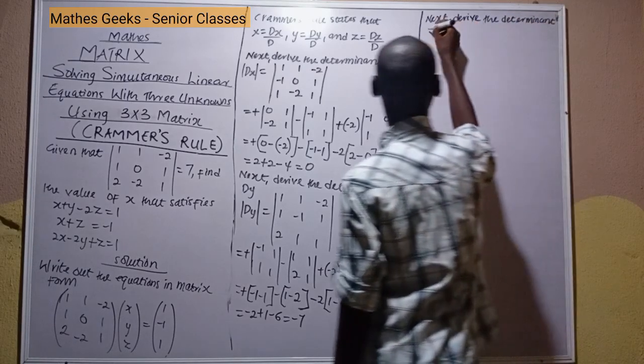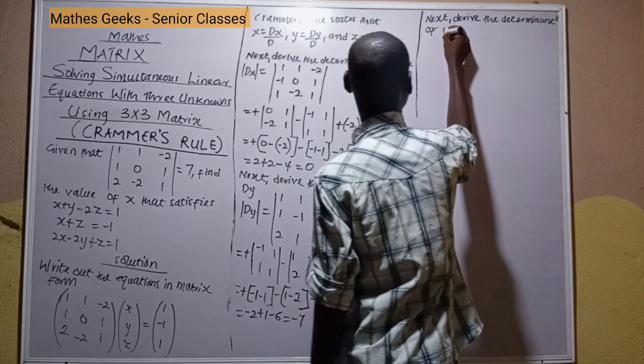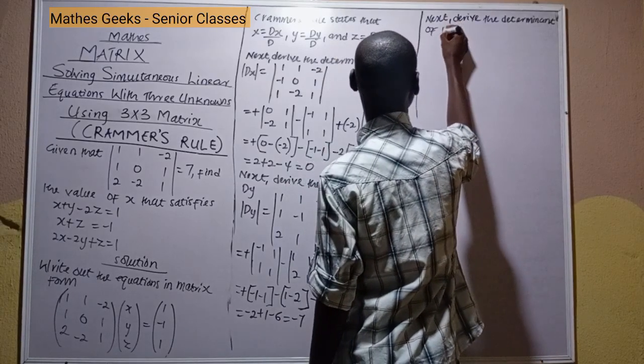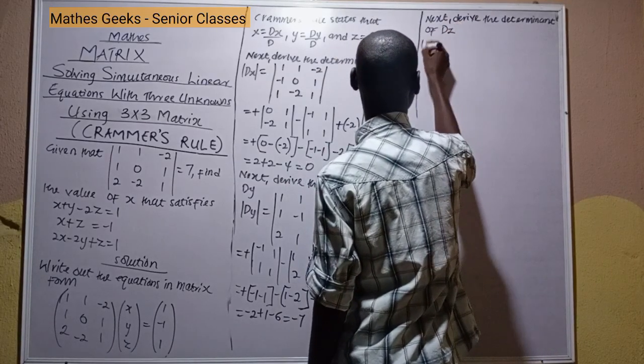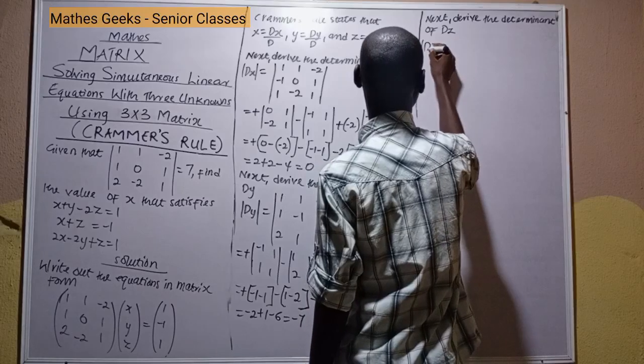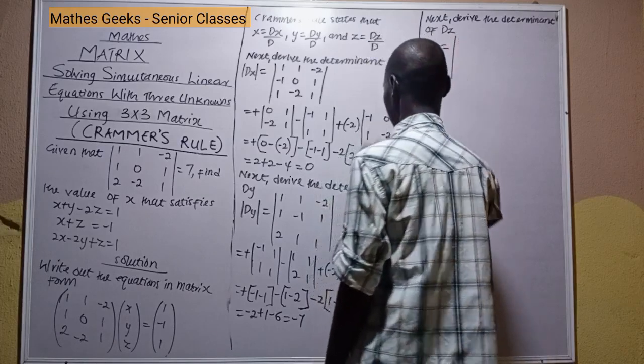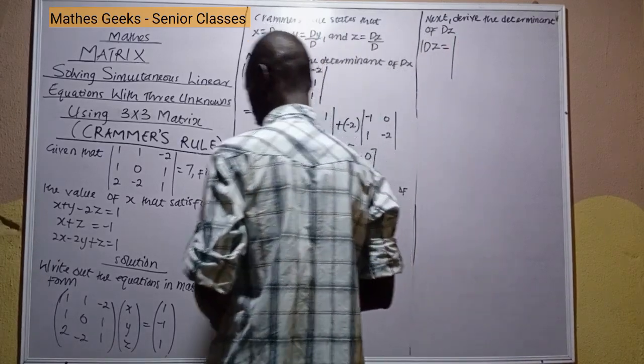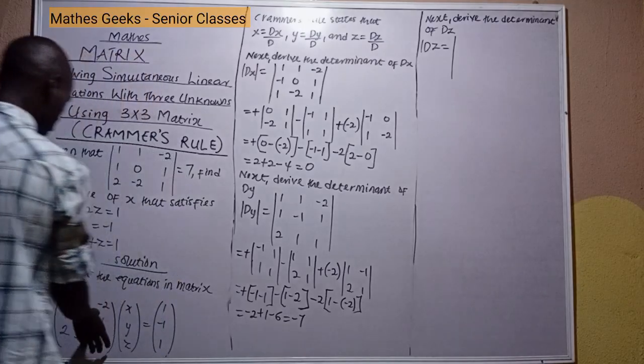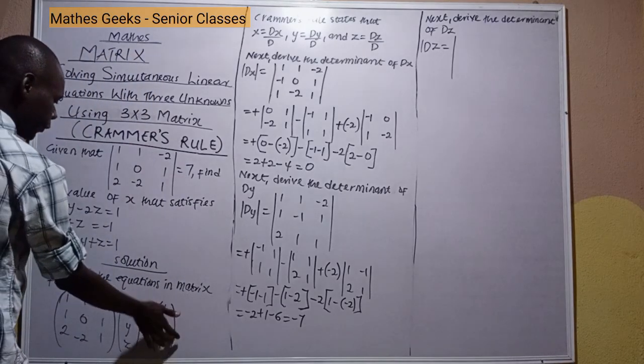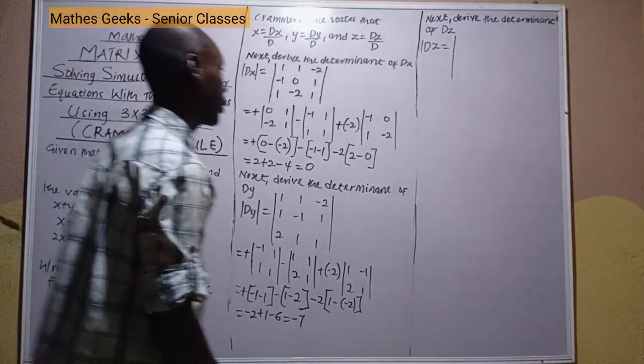Let's derive the determinant of dz. We replace the z column of this matrix by the column on the right hand side.